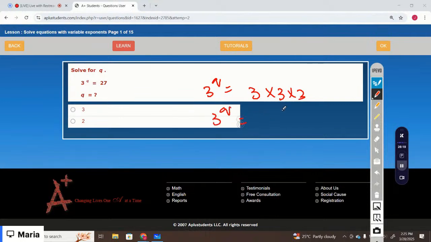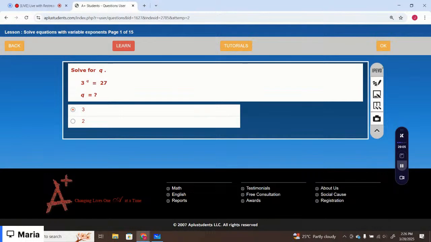So you can write it as 3 exponent Q equals 3 exponent 3. The bases are the same, so the exponents are also equal, so Q equals 3. Option number one is the correct option. Q equals 3.